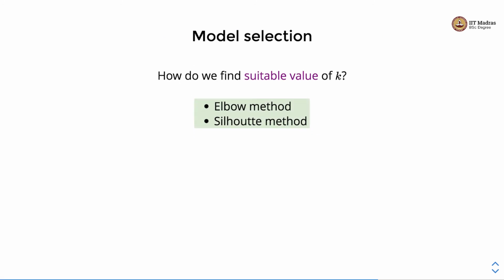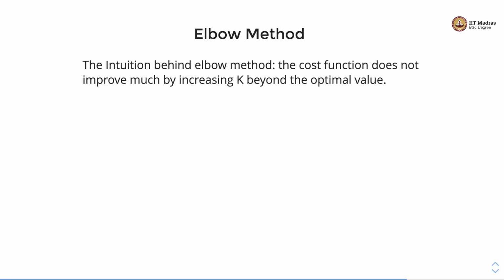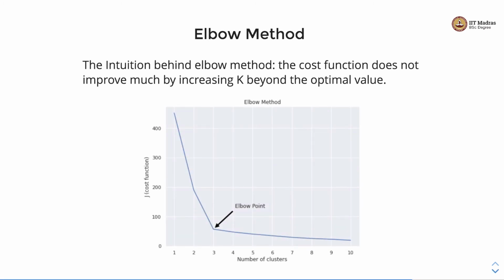Let's look at how we find suitable values of k. There are two methods. One is the elbow method that we mentioned a couple of slides before, and the second is the Silhouette method. In the elbow method, we try different values of k, and for each value of k we calculate the sum of squared error. If we try a very small value of k, let's say k equal to 1, we produce the maximum error.